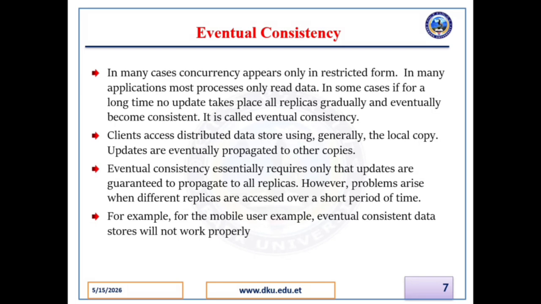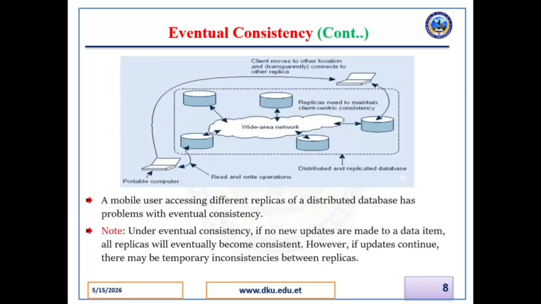However, problems arise when different replicas or copies are accessed over a short period of time. For example, for a mobile user, eventual consistency data stores will not work properly. As you observe from this image, some replicas need to maintain client-centric consistencies because clients move to another location or transparently connect to other replicas for the purpose of updates or consistency.